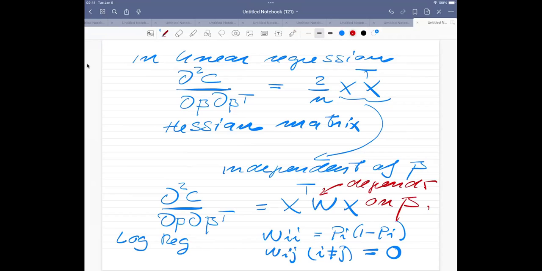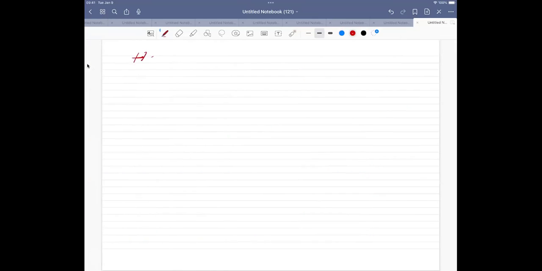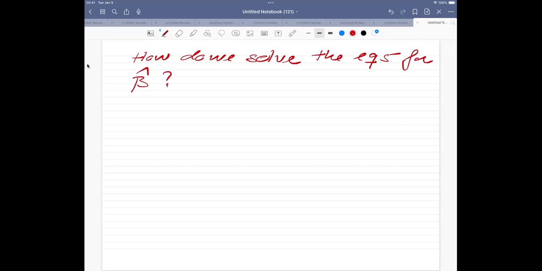So how do we solve the equations for β optimal? The method of choice is Newton's method.